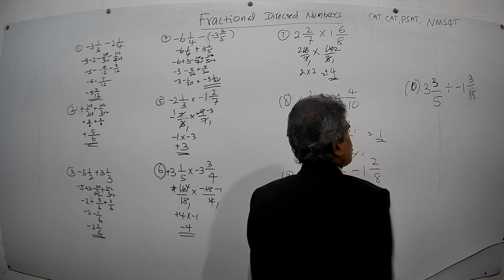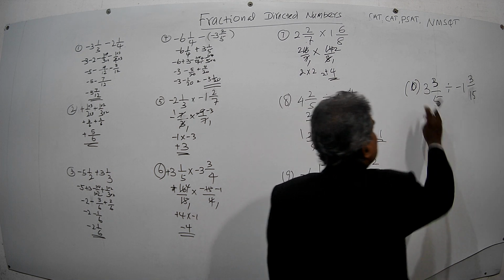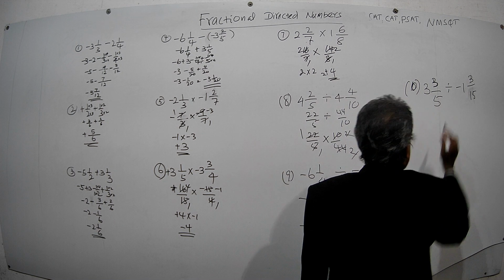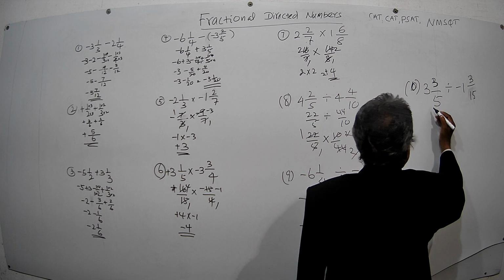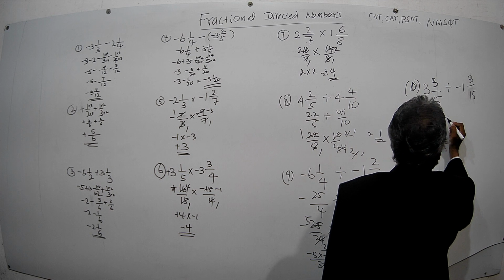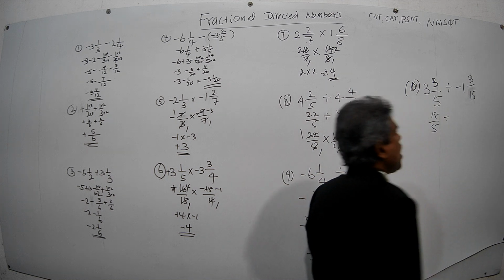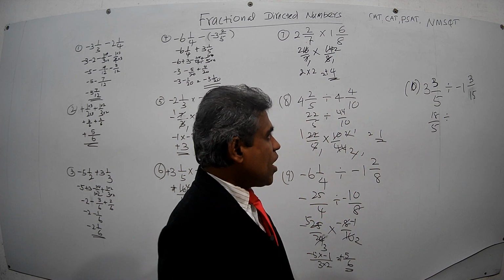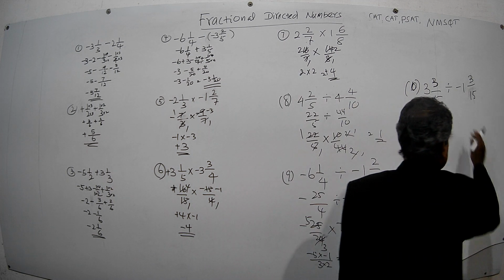Now, in this case also, the first fraction is a positive mixed fraction. Convert that into an improper fraction. Then 5 times 3, 15 plus 3, 18 over 5. Then division, minus, then this 1 3 over 15, you have to convert that also into an improper fraction.